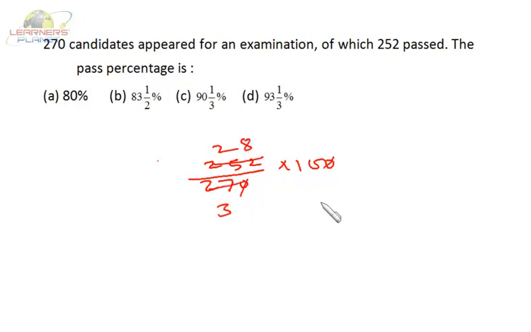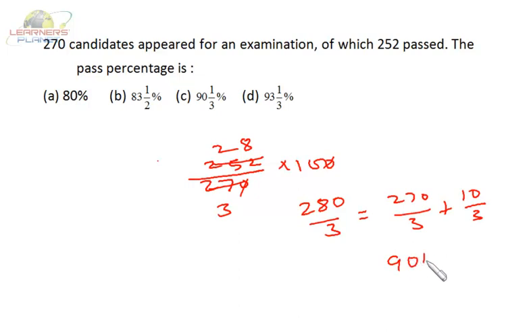It's around 280 by 3. That means it's 280 by 3, that is 270 by 3 plus 10 by 3. That is 90 plus 3 1 by 3%. That is 93 1 by 3%.